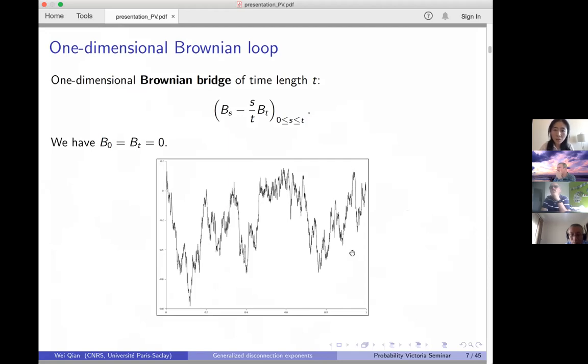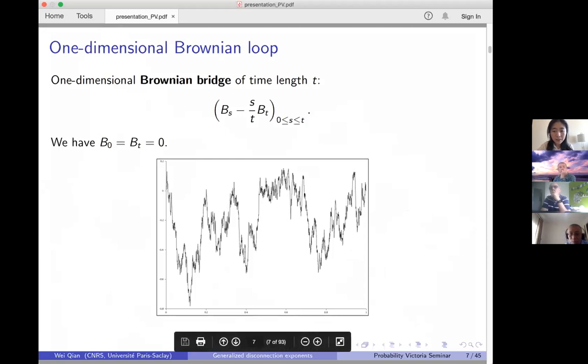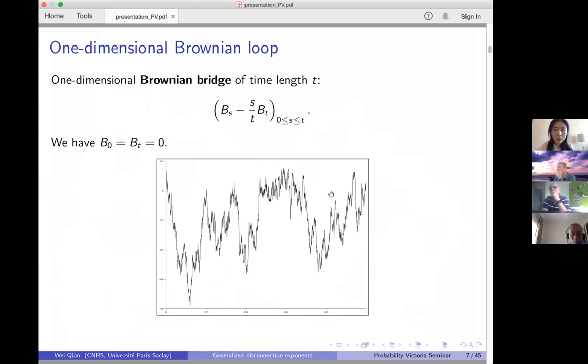In dimension 1, a Brownian loop is in fact just a Brownian bridge. If you fix a time t, I guess everyone knows what a Brownian bridge is. In dimension 1, you just take away a linear function so that it starts and ends at 0.